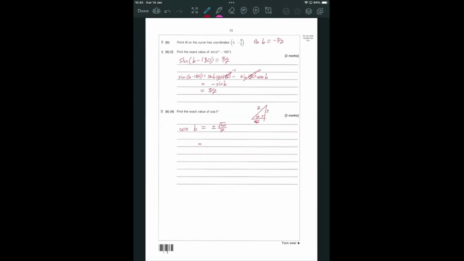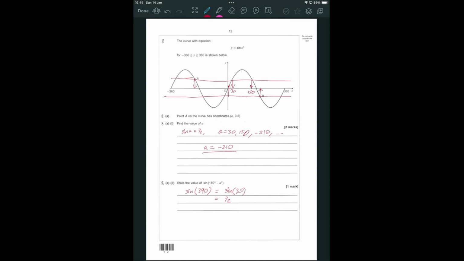And again, I'm going back to the graph over here. What is the sign of cos? Well, I've got the sine curve drawn. Let's draw on the cos curve very roughly as well. And you'll notice that B here is giving you roughly what that value is. And if you do work it out, that cos value will be more negative than negative 3/7.